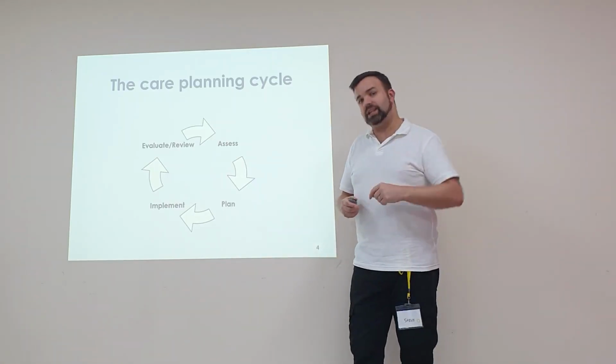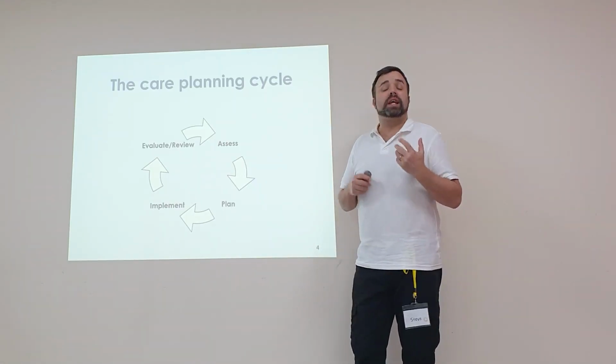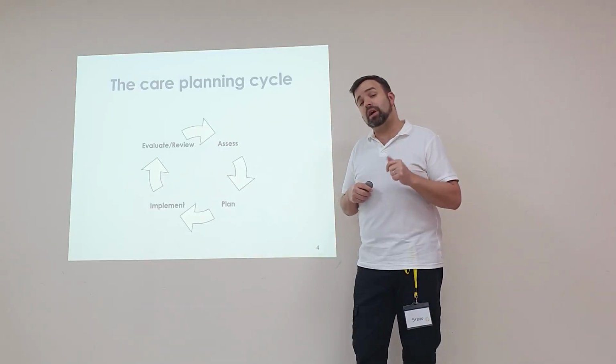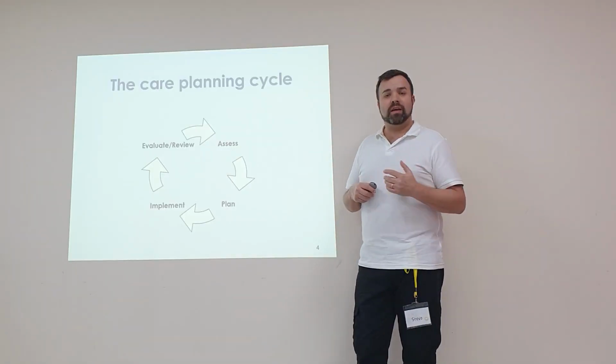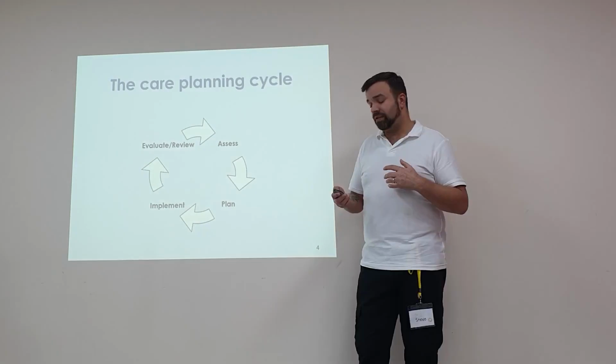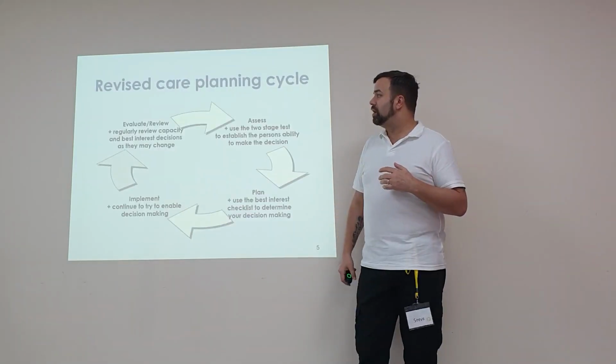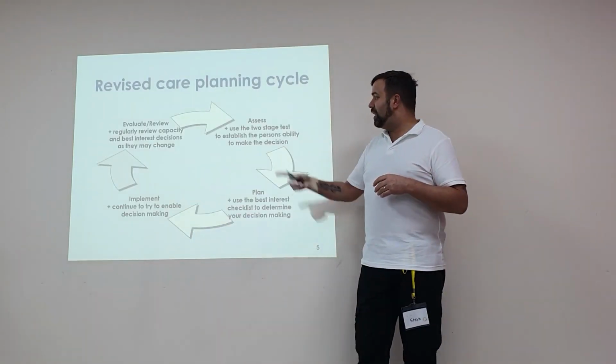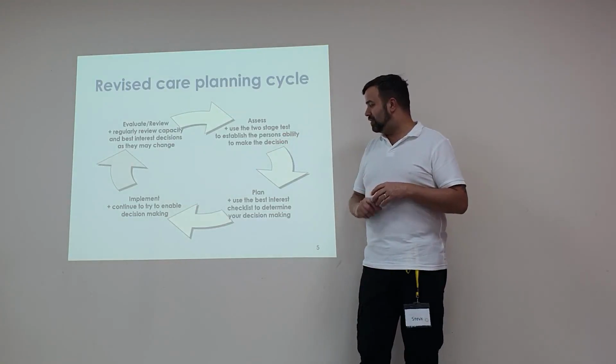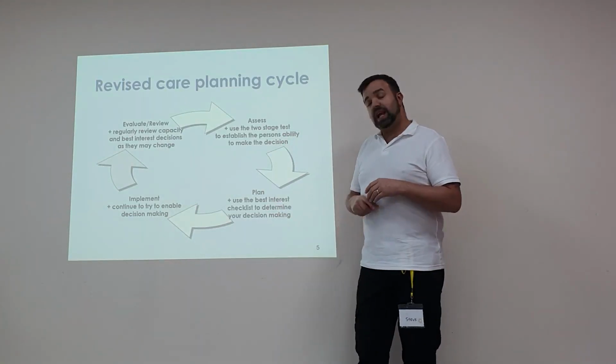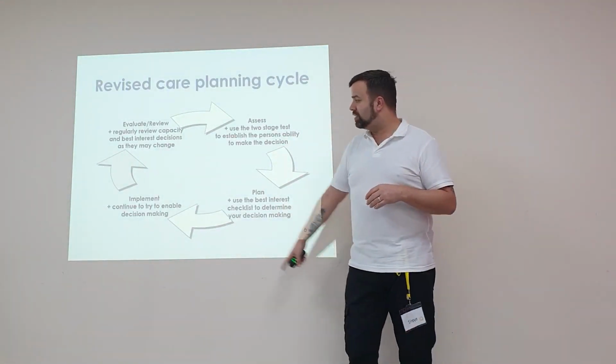But capacity is fluid, and things that can make our capacity come and go may be things such as ill health or stress or other situations. So when we revise the care plan, it's important we're looking at the person's ability. Are we taking into account their best interests?